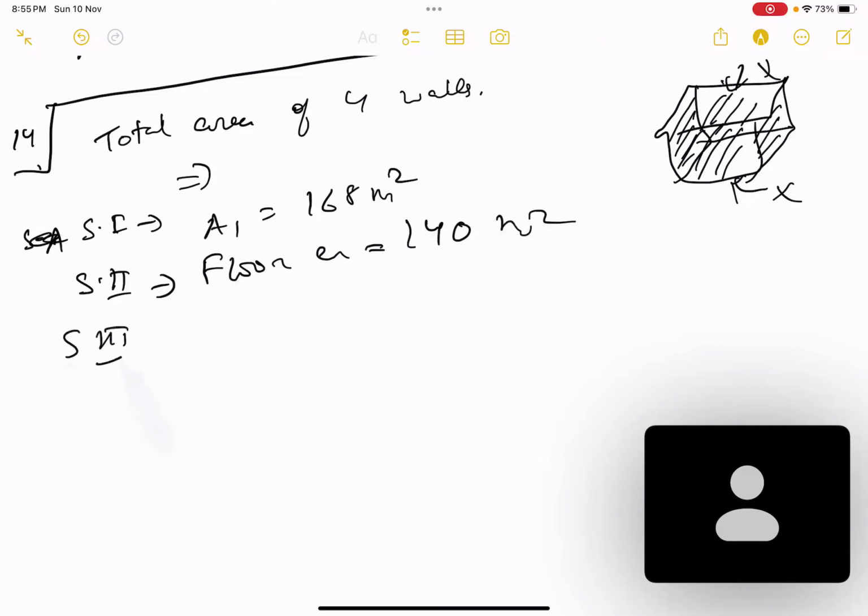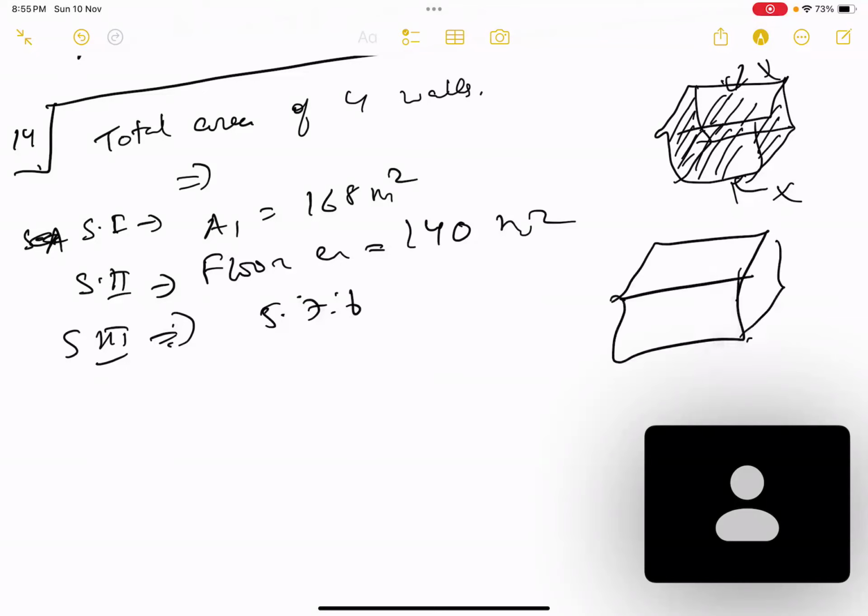Statement 3 says that the ratio is in the form of 5:7:6, which means length is 7, width is 5, and height is 6. So these are the three statements that have been given in the question.